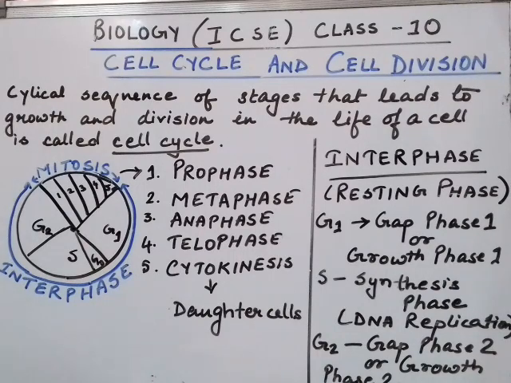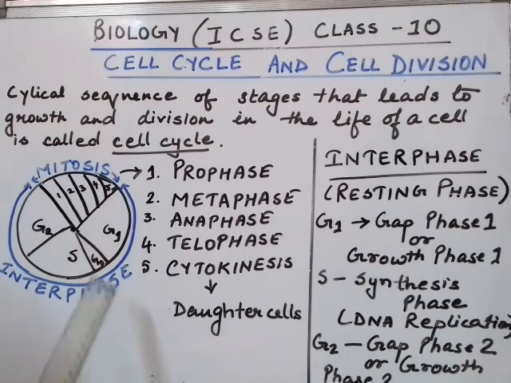Now in interphase I would like to add something, students: after growth phase 1, if a cell is not ready, if the building up material is not prepared properly, the cell enters G0 or Z0 phase, which is also called cell at arrest. The cell ceases to grow and stops preparation for the cell division phase.